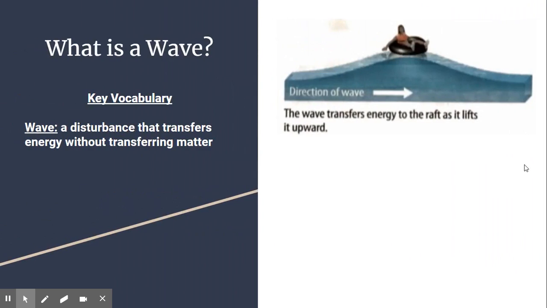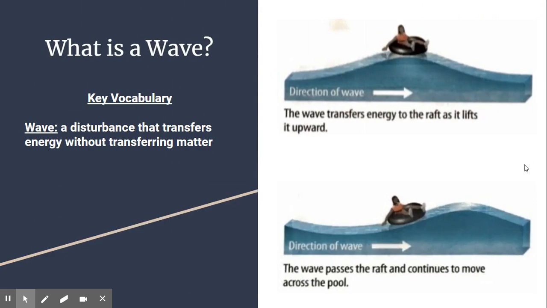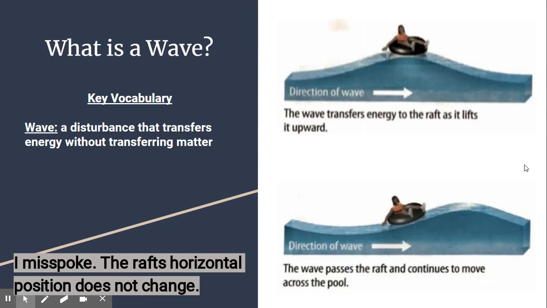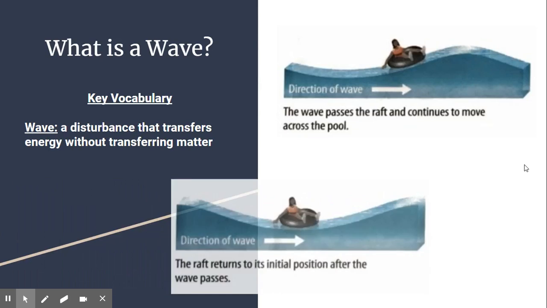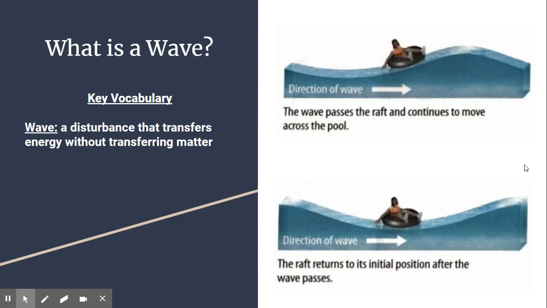Here at the top, it then starts to fall back down the backside, but again, more of a tilt as opposed to being horizontally moved to the left. And that wave continues to move across the pool, and eventually it passes, and that person's exactly right back where they were. They didn't get pushed around in that pool.